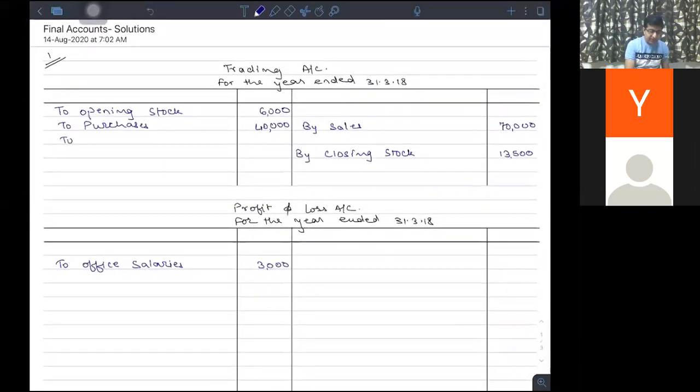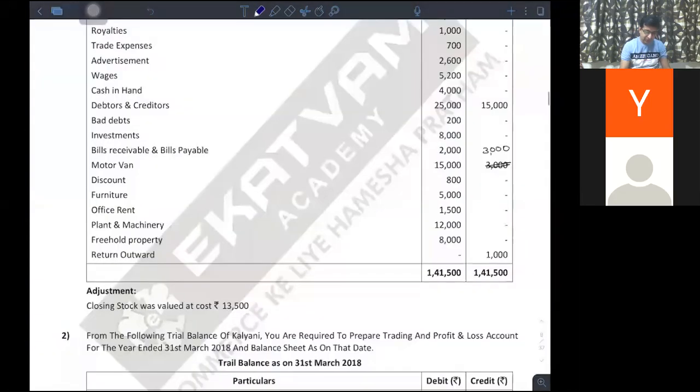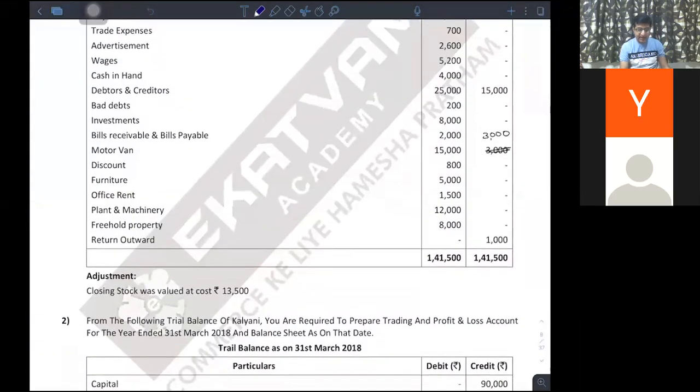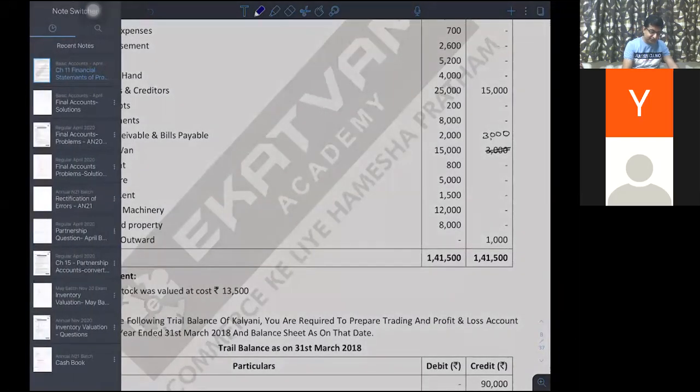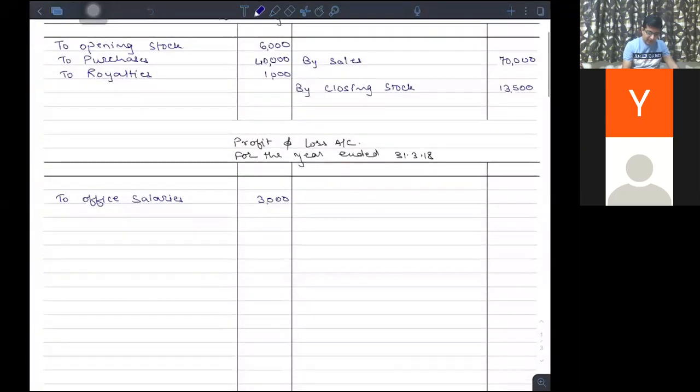हाँ, सीक्वेंस सिर्फ असेट साइड में फिक्स्ड असेट अलग लिखते हैं, करंट असेट्स अलग लिखते हैं, उतना हमको याद रखना पड़ेगा बस. To Pashay Chahas, rupees 1,000, correct? Trade expenses, advertisement being the expense related to the business, therefore into the P&L account.